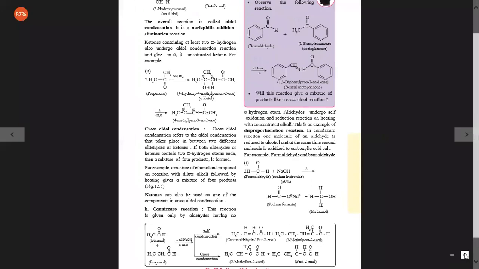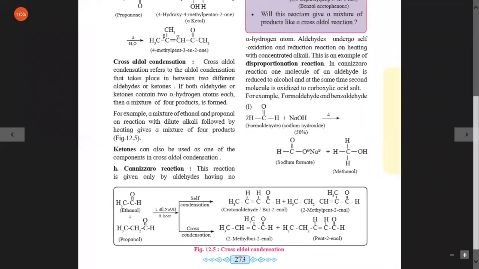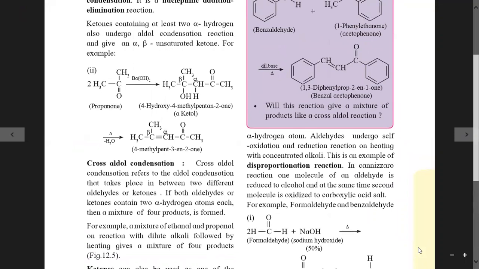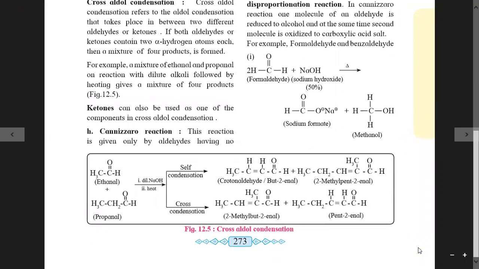This reaction shows a reaction between ethanol and propanol. See this aldol condensation reaction. This is a molecule of ethanol, that is acetaldehyde, and this is a molecule of propanol.